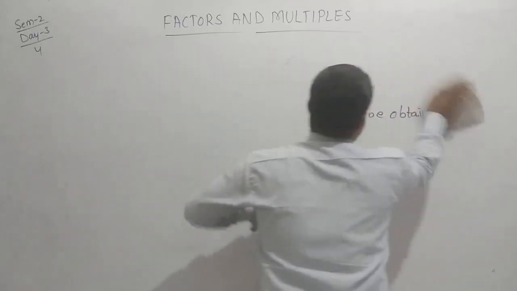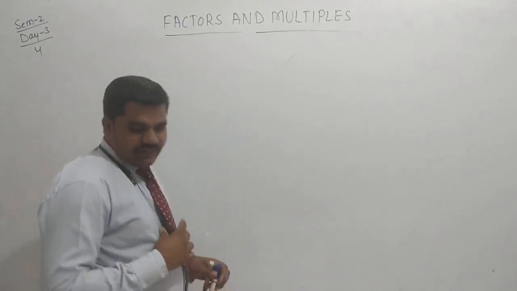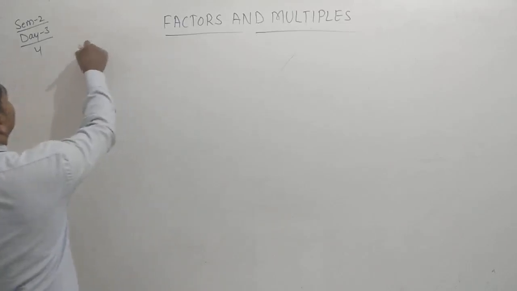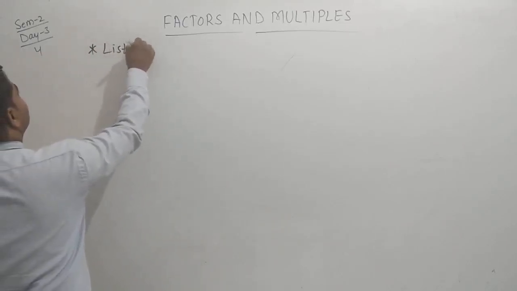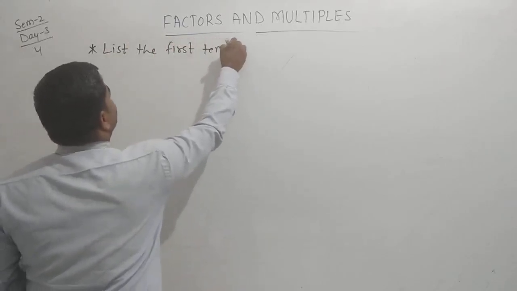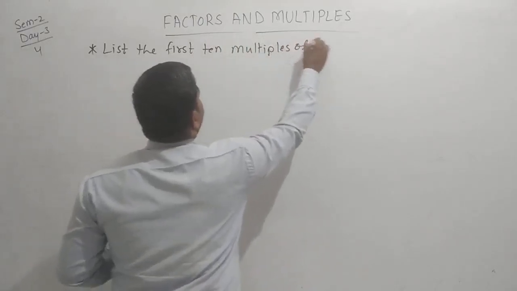From the questions, first one: list the first 10 multiples of each number.